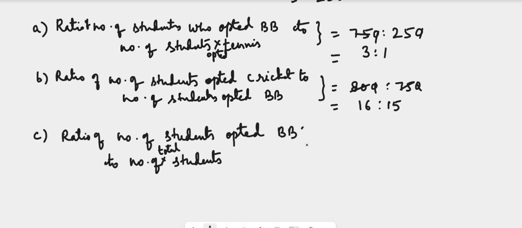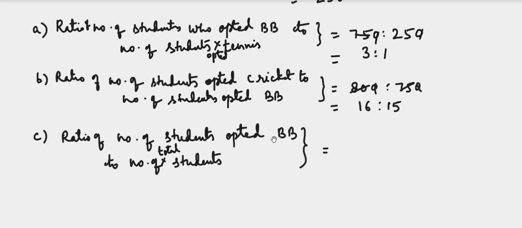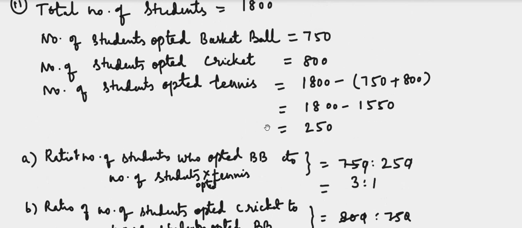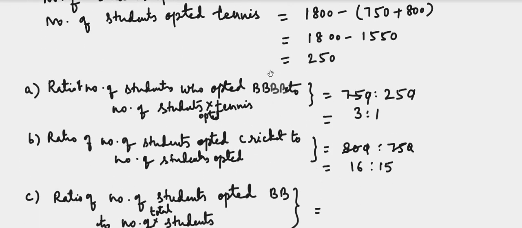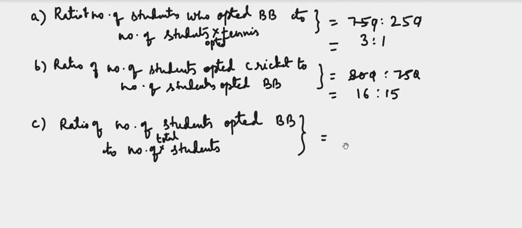How many basketball children? 750. Basketball 750 is to total 1800. So in this one, the ends with zeros cancel.